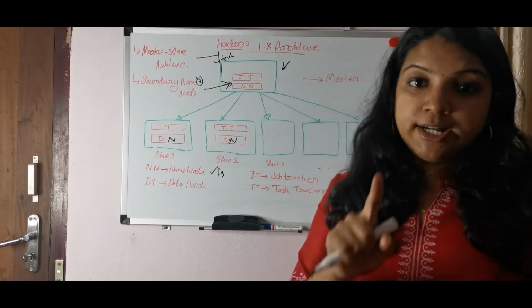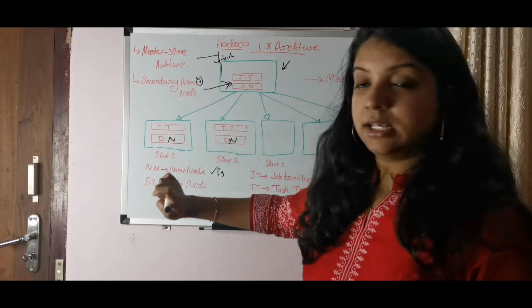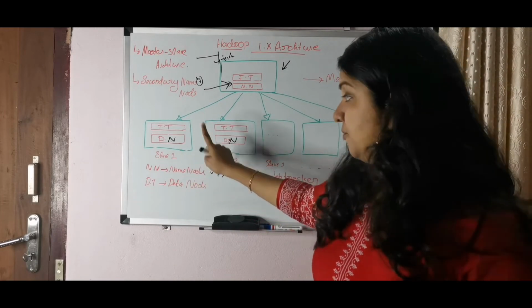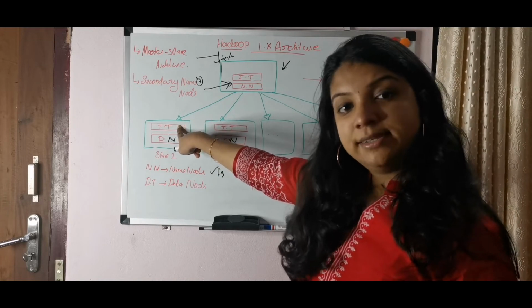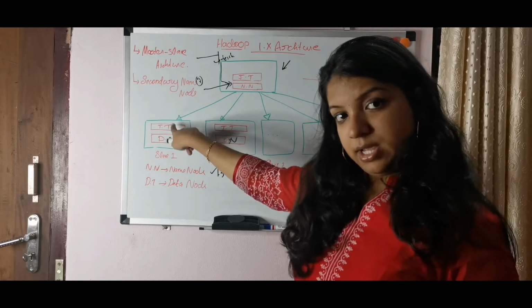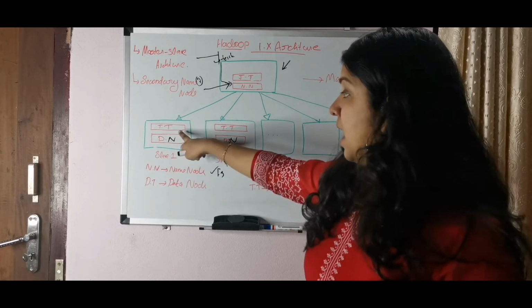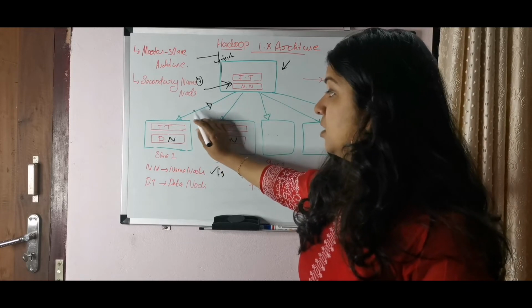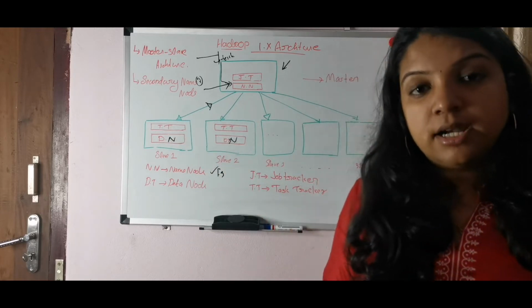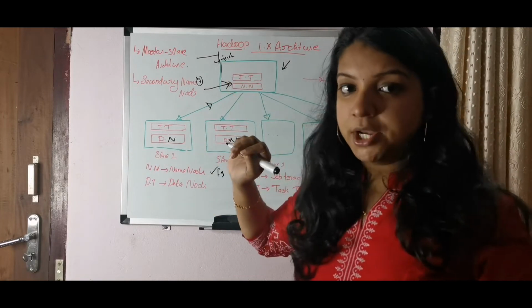And the fourth one is the task tracker. When we come to the slave node, this is the workstation. The task tracker monitors the tasks on each node, and if the task is running, it passes an acknowledgement to the job tracker.